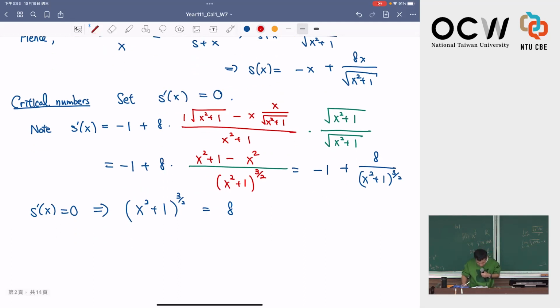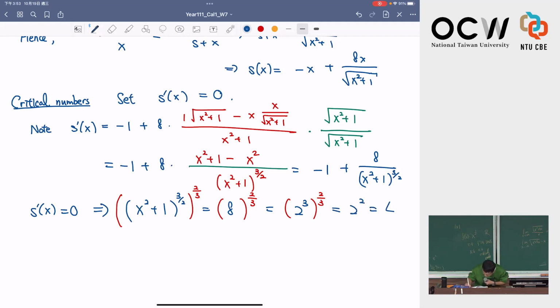I hope I won't annoy you by doing some baby mathematics here, okay? Because in the past, I got students getting stuck in this. They don't know how to solve this. So let me do it. Take the power 2 over 3 from both sides. 8 is 2 to the 3. So this becomes 2 to the 2, becomes 4.